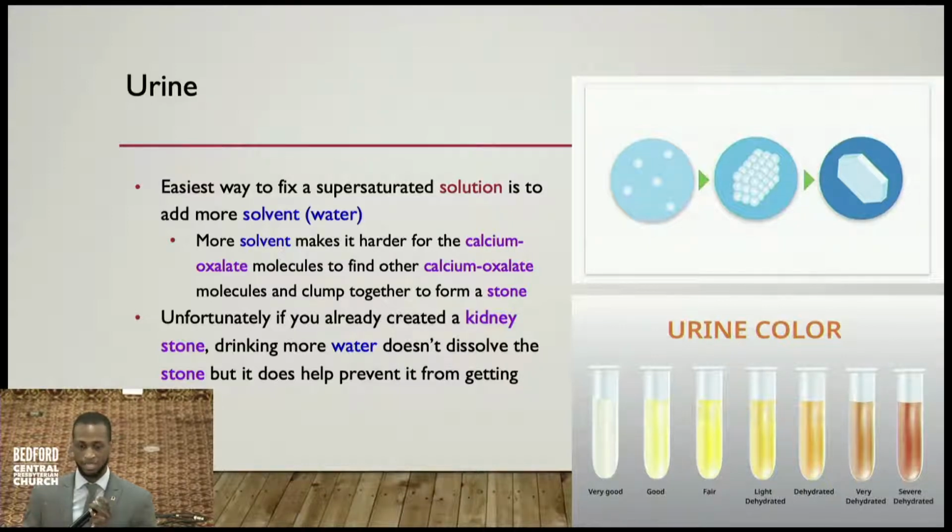It can let some of that water out so that your urine is unsaturated. If your urine is very, very dark, very, very golden, or even a little bit of red or blood tinge to it, that means that your body is very dehydrated and that your body is basically holding on to that water for other reasons and making your urine super saturated. And so that's a major sign that you need to be drinking more water.